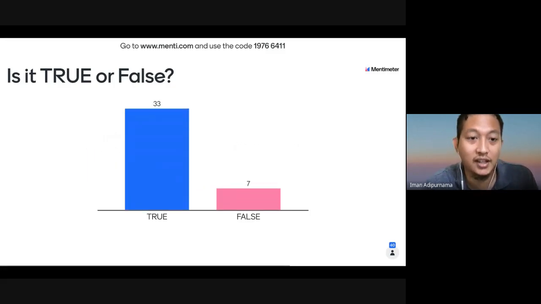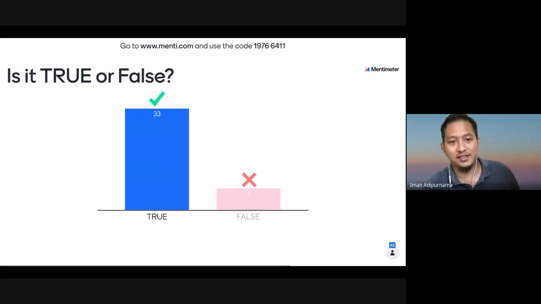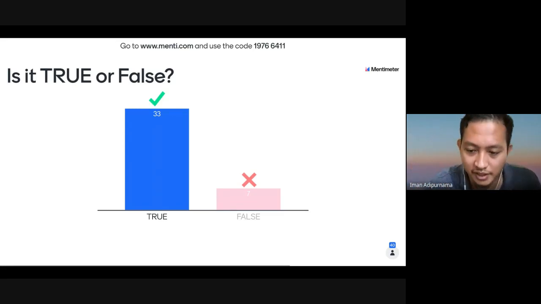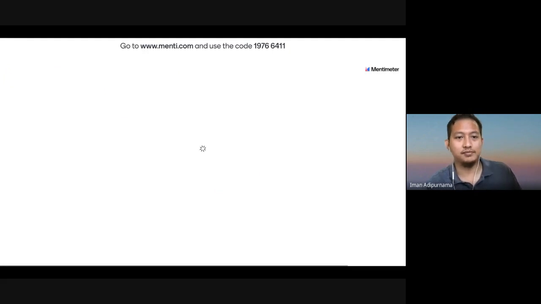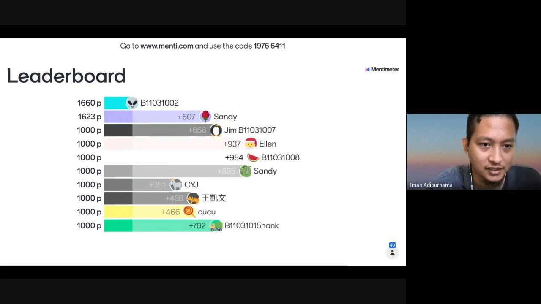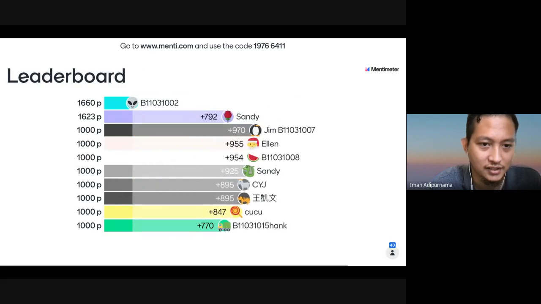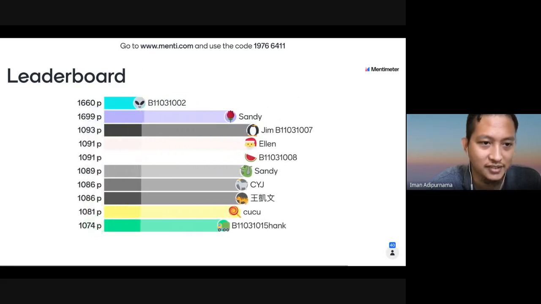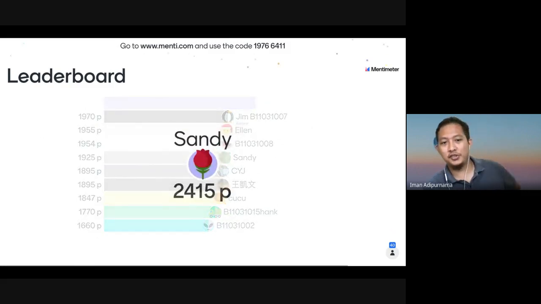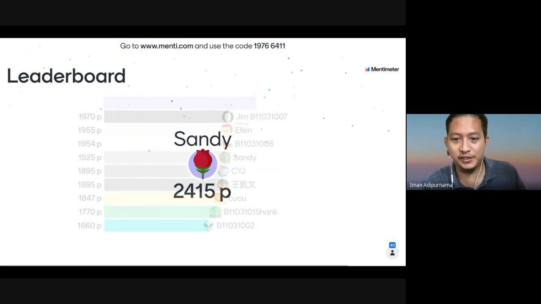Good, it's true. Whenever you find that one part of the limit doesn't exist, the whole thing doesn't exist. Who's the fastest? Oh, Sandy, you are the winner. Congratulations.